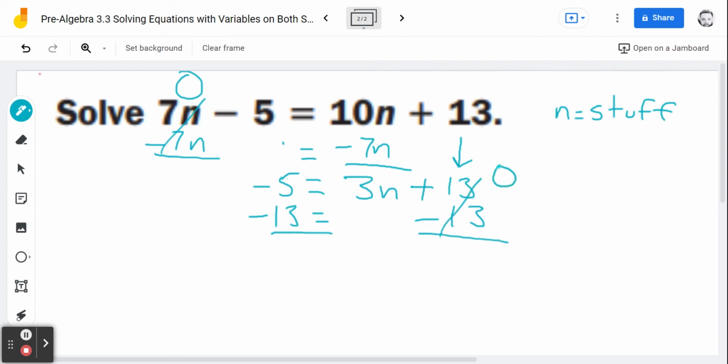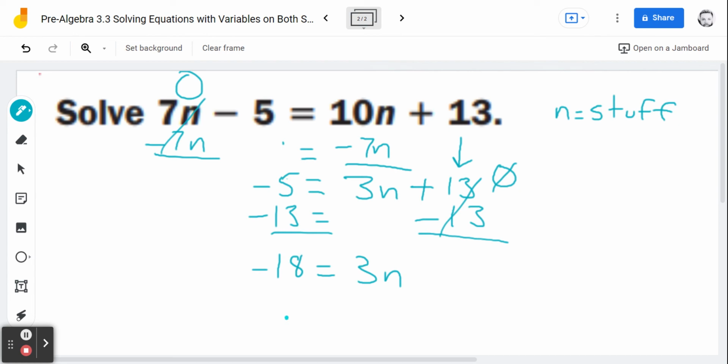I'll do that one, 0. What's 0 plus 3N? 3N. Now, what is negative 5 minus 13? If you don't know, you could do it on your calculator. Negative 18. Very good. Thank you.